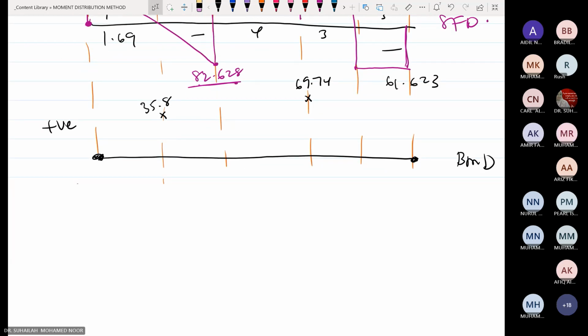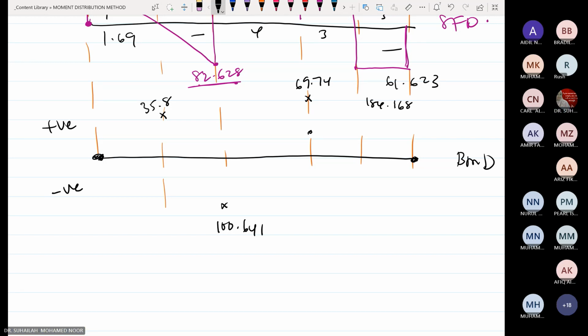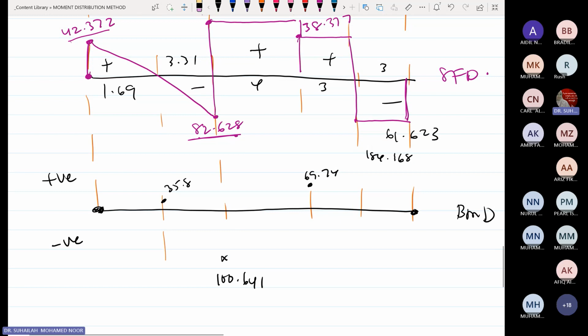Plus 184.868. Sekejap. 184.168. Betul? Patutnya jauh sikit. Is it 184.168?